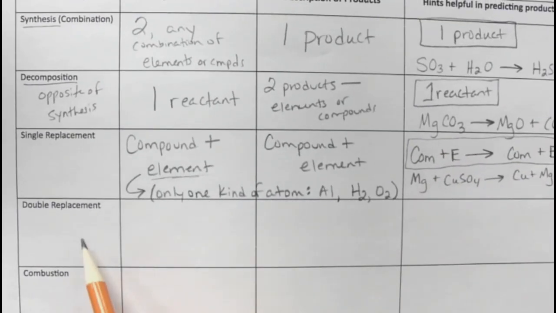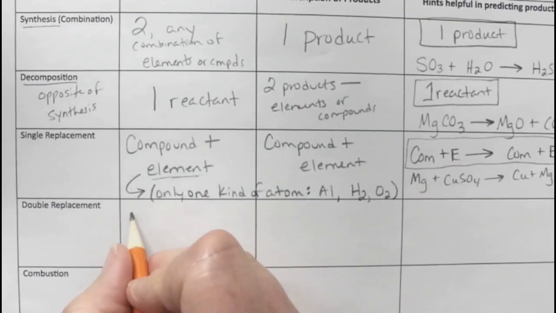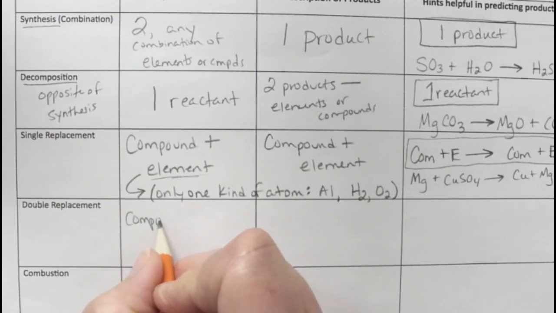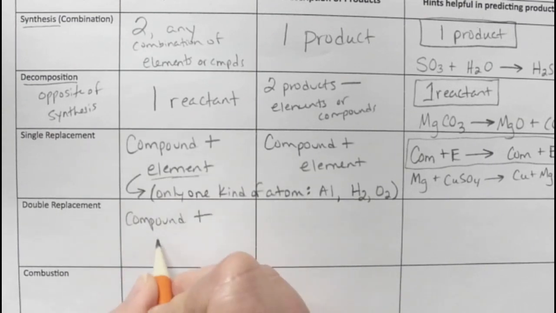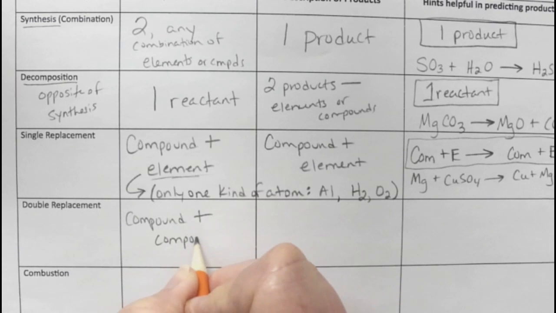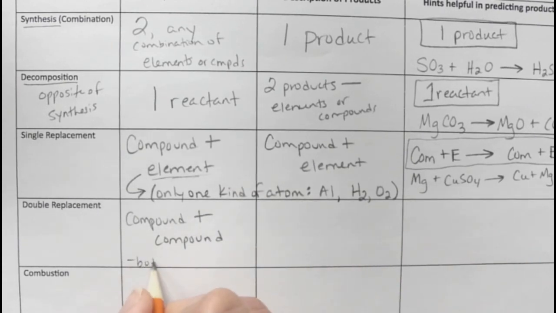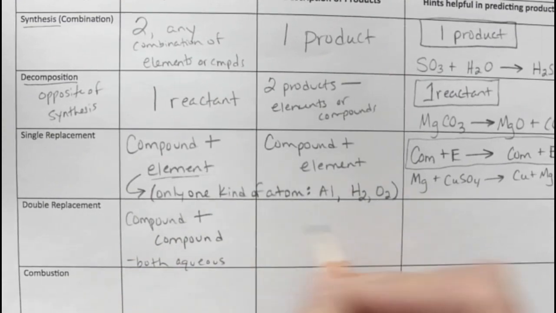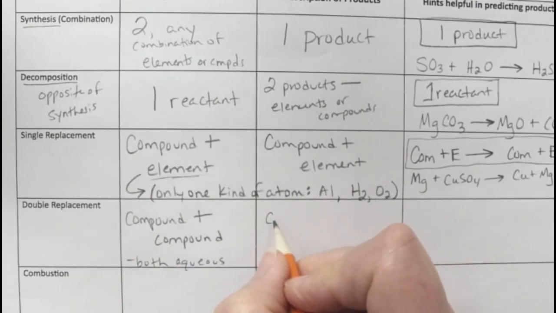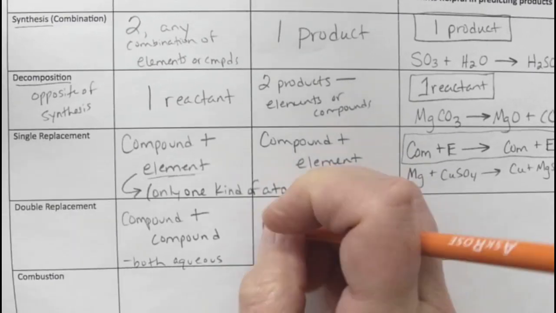For double replacement reaction, you're going to have a compound plus a compound. Both reactants are going to be compounds, and they're also both going to be aqueous. Products, I'm going to write it like this.